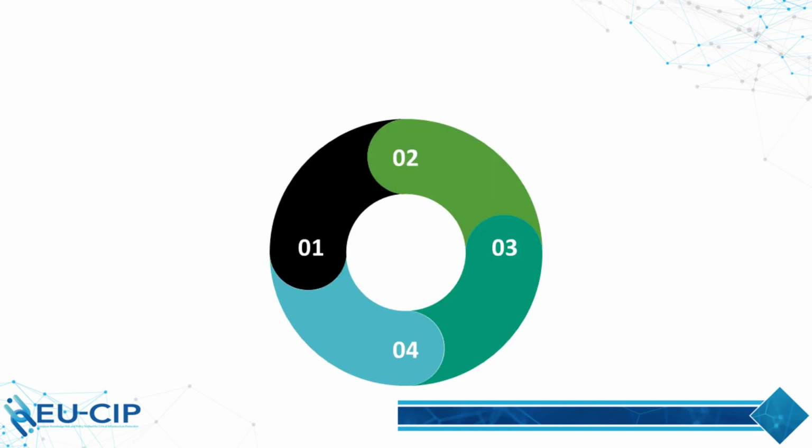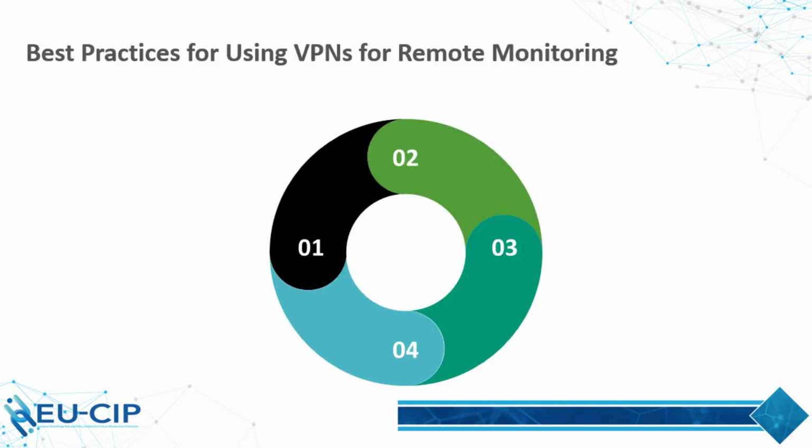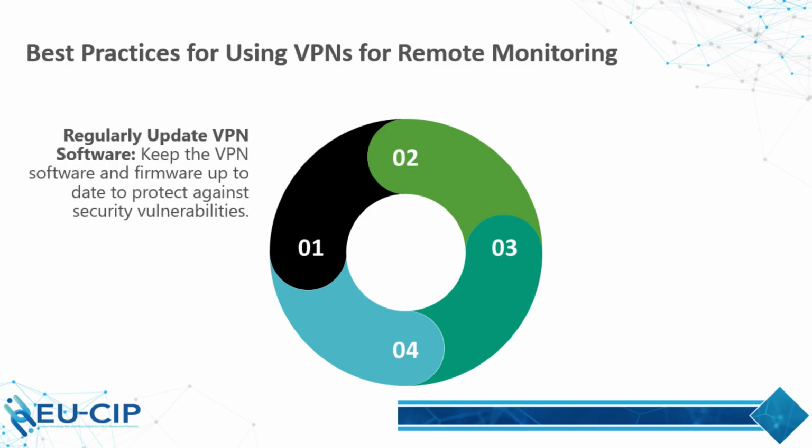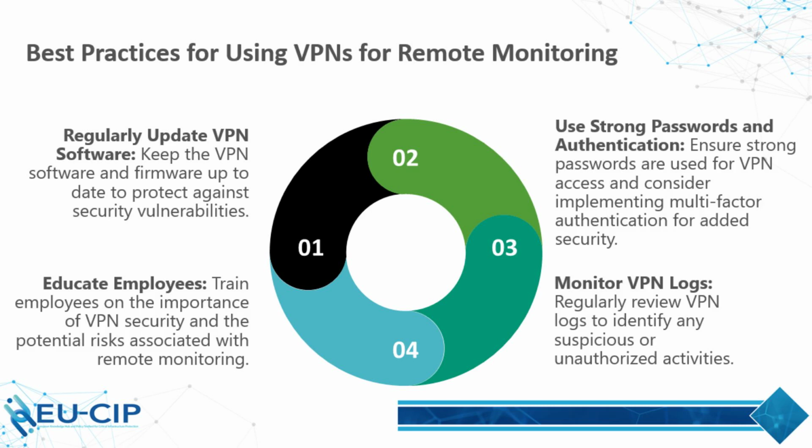Here are some best practices for using VPNs for remote monitoring. Regularly update VPN software. Keep the VPN software and firmware up to date to protect against security vulnerabilities. Use strong passwords and authentication.